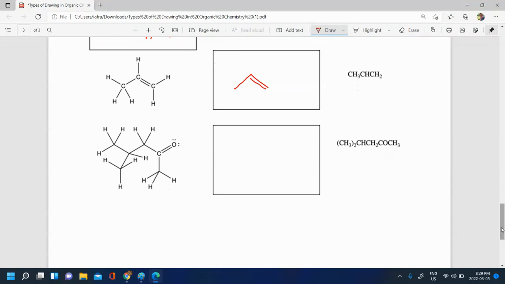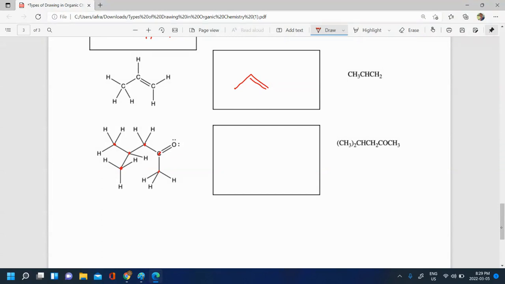This one looks a bit messy. Let's outline where our carbons are. So we have a carbon here, here, here, here, here, and here. I know that based on where the H's are attached.